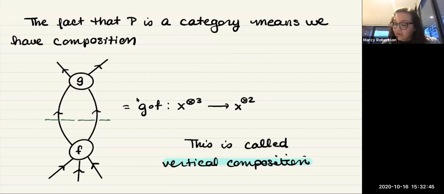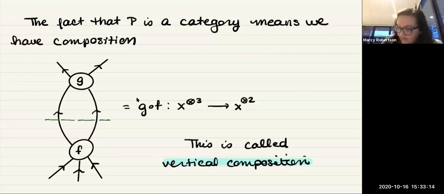Okay, and the fact that it's a tensor category means that when you tensor morphisms, you just stack them next to each other. So this is called horizontal composition in the literature. Here, I've taken this morphism living here, so P from 3 to 2, so that should be X to the third.